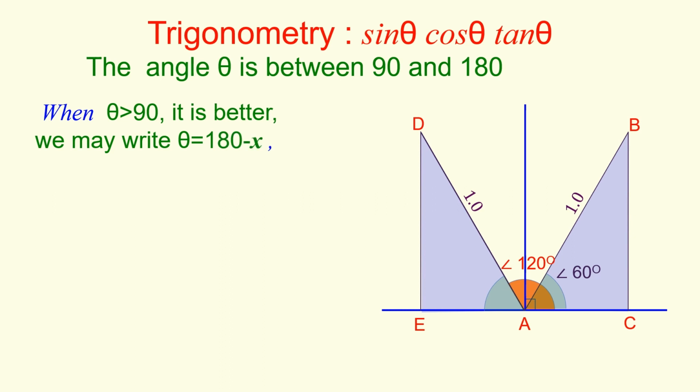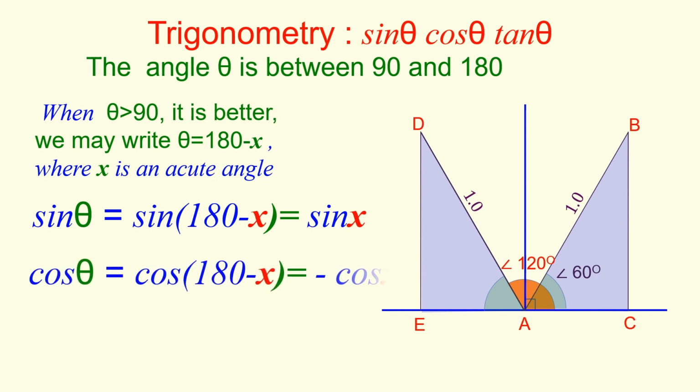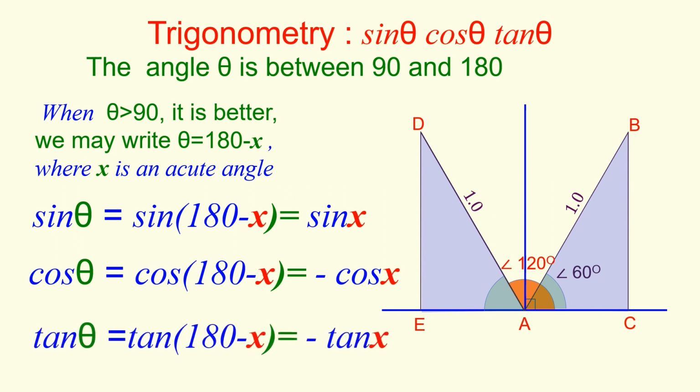Supplementary angle identities are summarized here. Sine of 180 minus x equals sine of x. Cosine of 180 minus x equals minus cosine of x. Tan 180 minus x equals minus tan x.